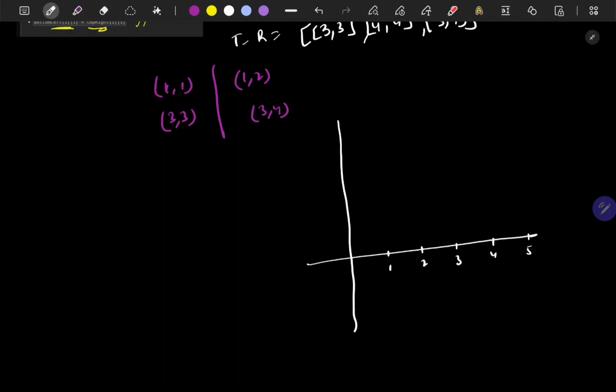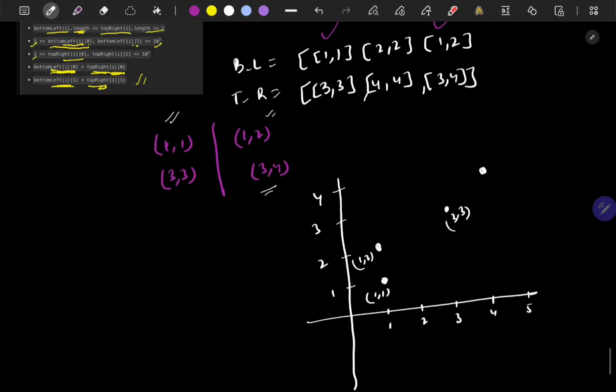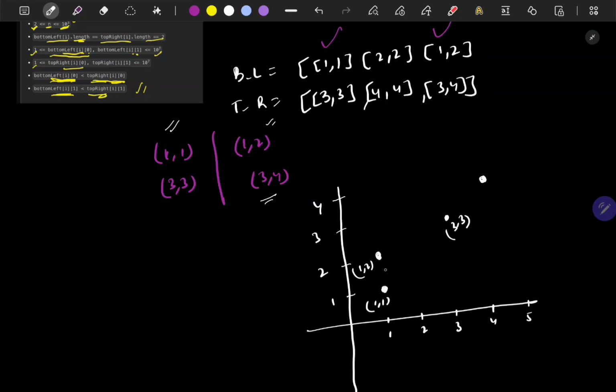Rectangle first is (1,1) and its top right is (3,3) here. The other rectangle is (1,2), here, and this one is (3,4).